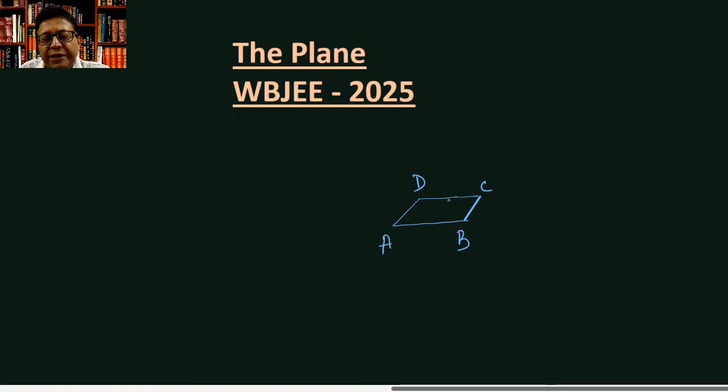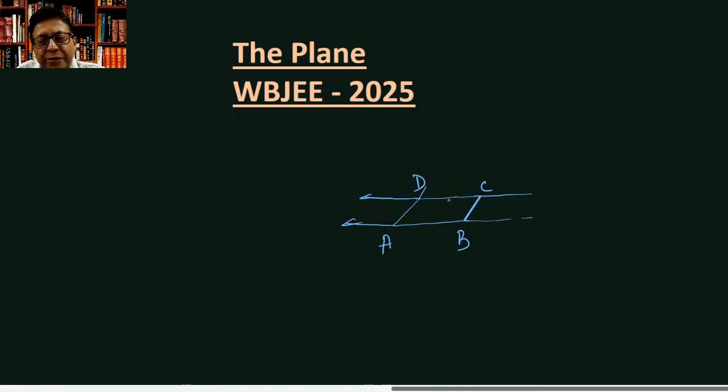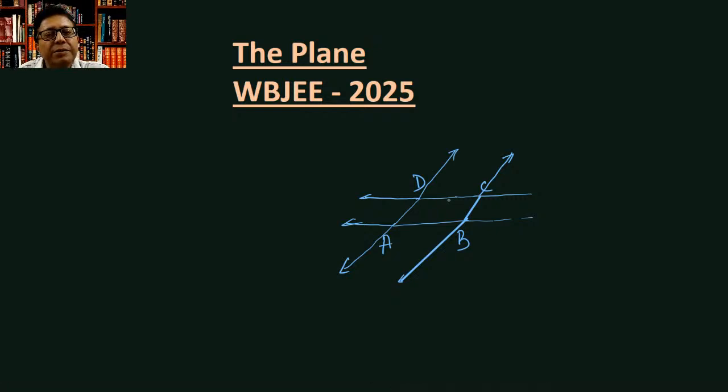If you extend this way, it goes up to infinity. Extend this way, it goes up to infinity. This way, so it has no length, no breadth, and its dimension is equal to 0.